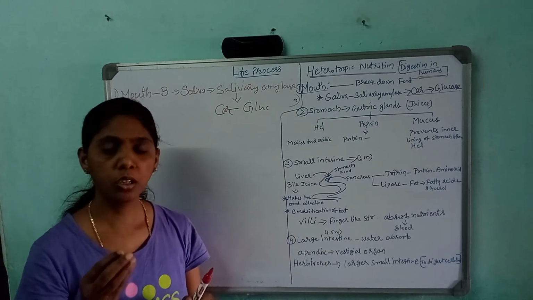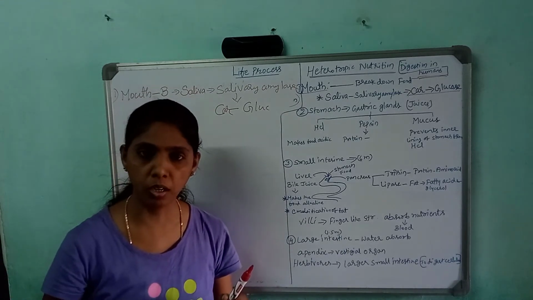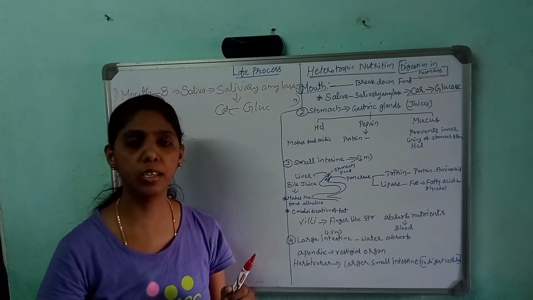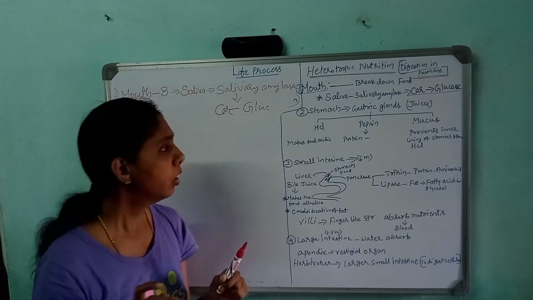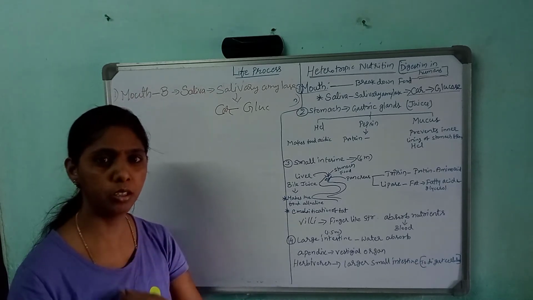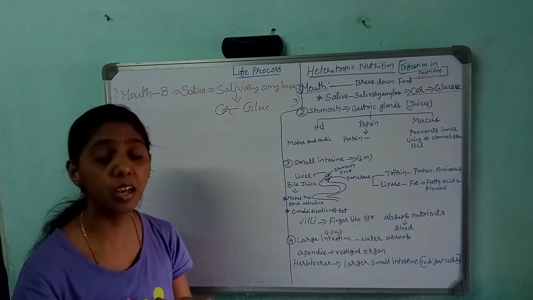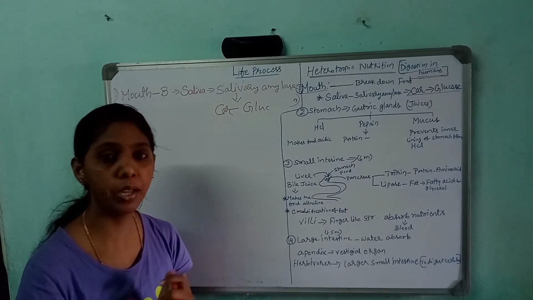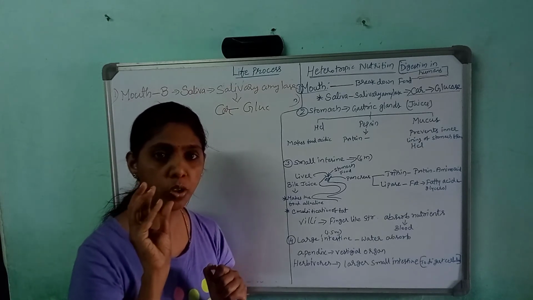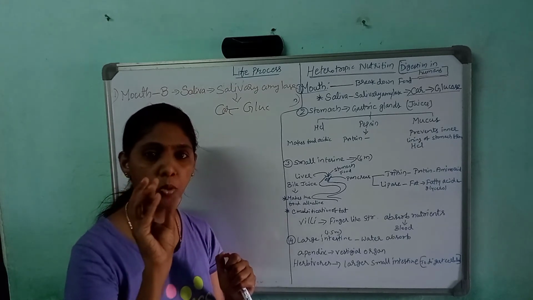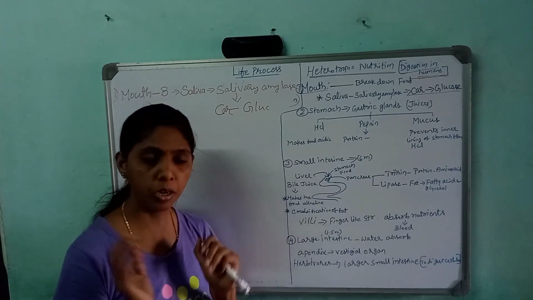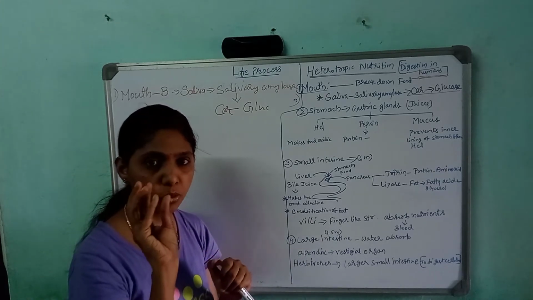After the mouth, the food will go to the stomach through the esophagus. Here, through the esophagus, it is going down. There is a peristaltic movement. We call it a peristaltic movement. The food is going to the stomach from the mouth in the bolus form. At a time we are not consuming this much of food, but we are consuming in the bolus form.